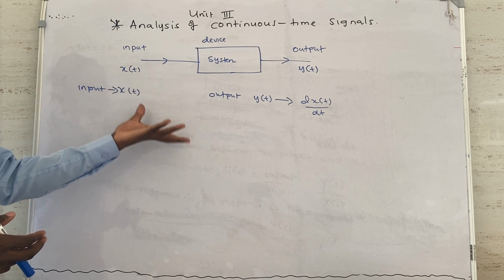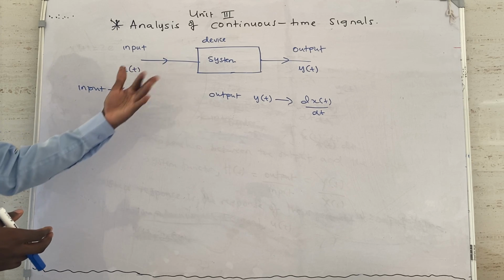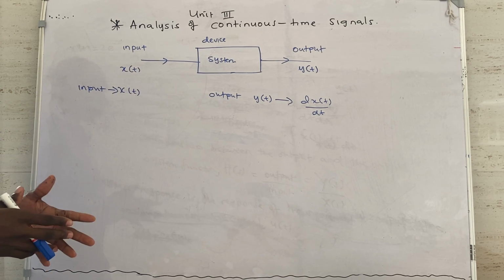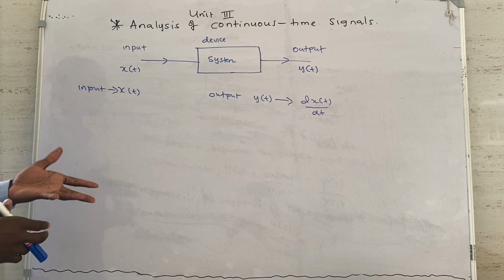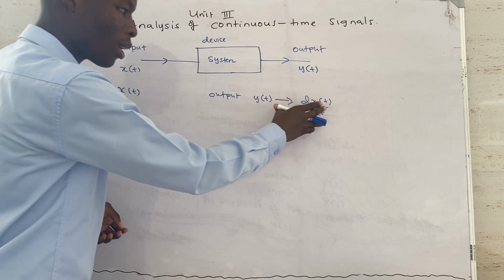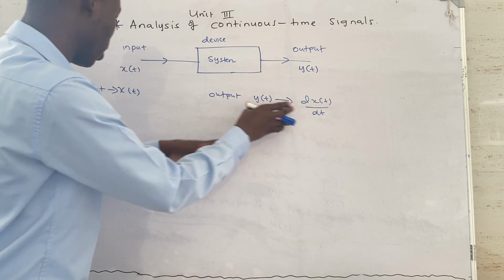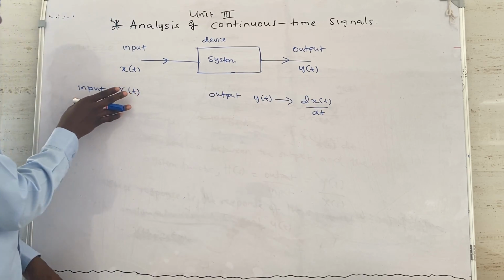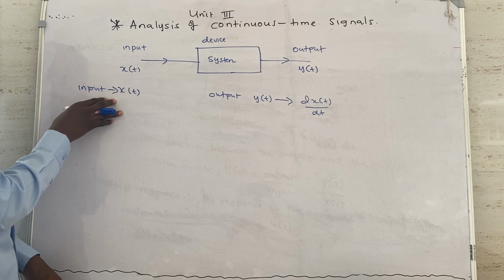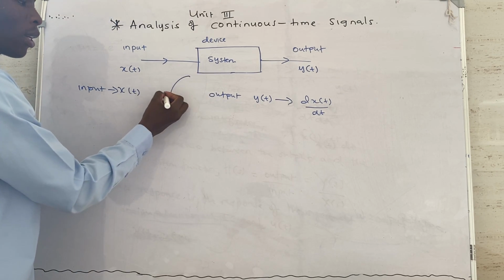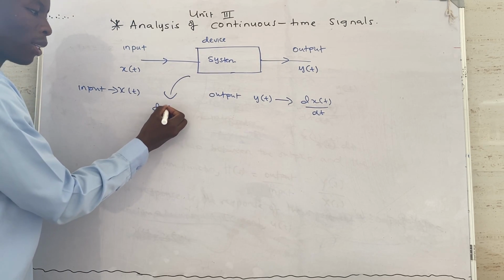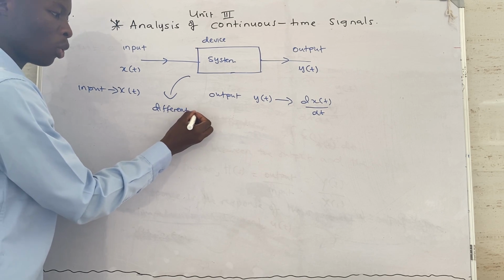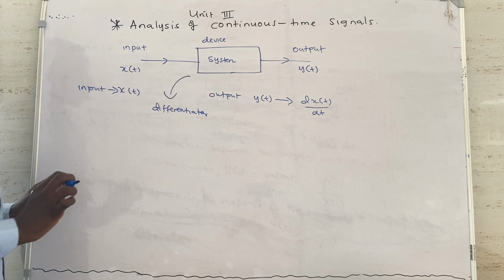A multiplier? Or a differentiator? You should be able to tell. If you check, this output is the derivative of the input, which means the system in this case is nothing but a differentiator.